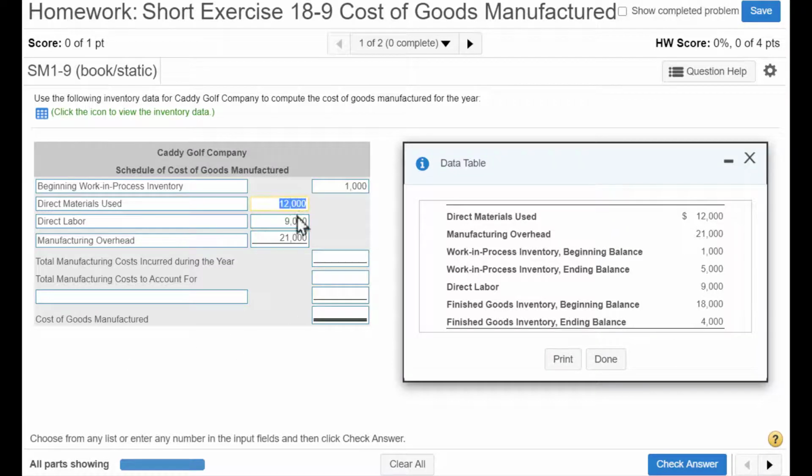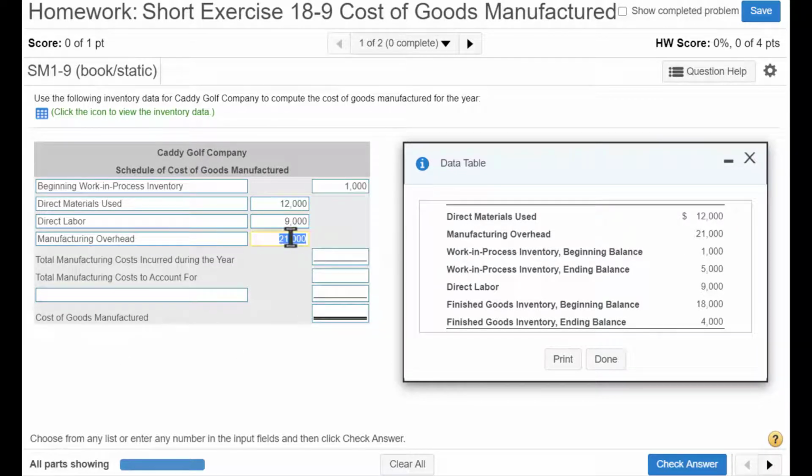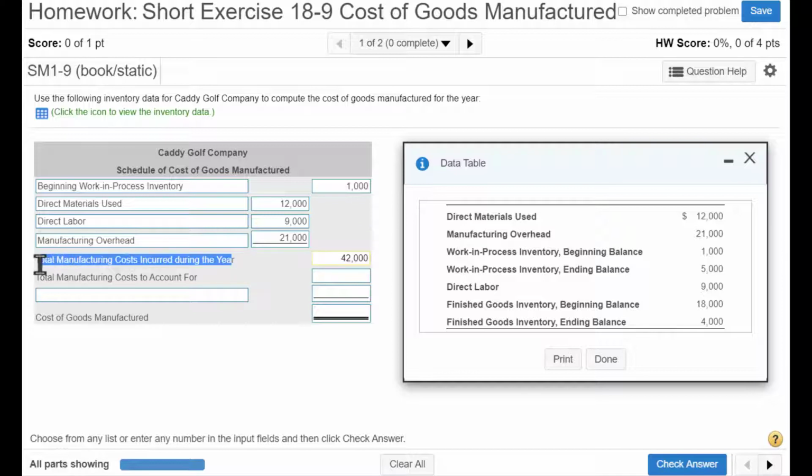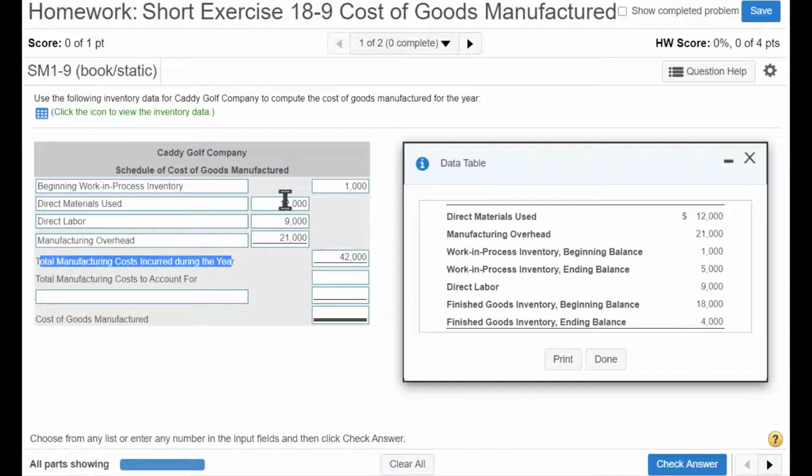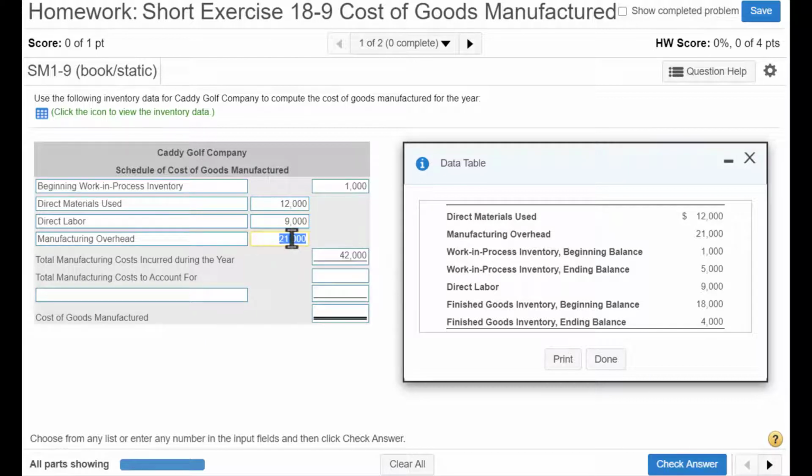So we're going to take 12,000 plus 9,000 plus 21,000, which gives us 42,000. And they call that manufacturing costs incurred during the year. In other words, our manufacturing costs are direct materials used, direct labor, and then manufacturing overhead.